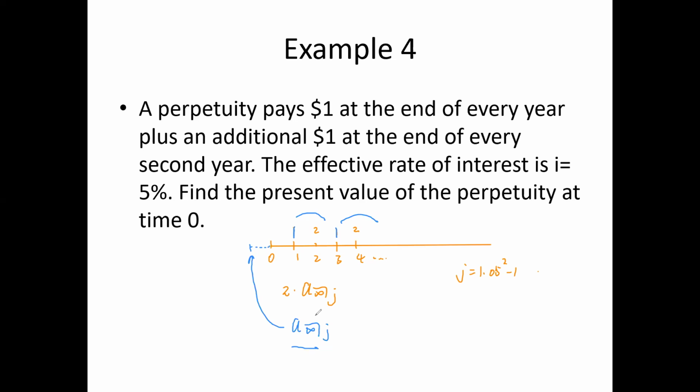In order to get the value at time 0, you need to multiply this by 1 plus i, that is 1.05. You can check that these two should be the same.